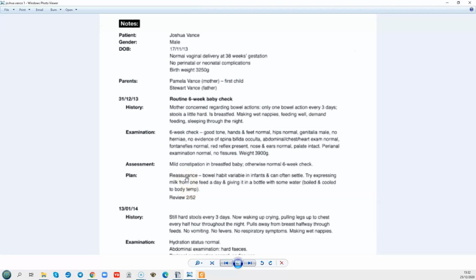That's the plan, to reassure her that this condition is not abnormal. It's variable. Infants often settle. So that's what you're basically doing. The assessment, mild constipation. Otherwise, it was normal. The plan was to reassure her, his mother.